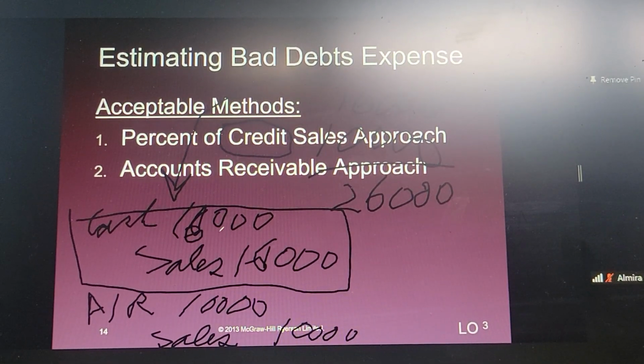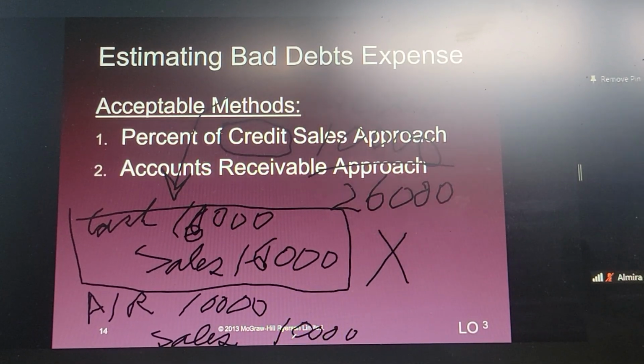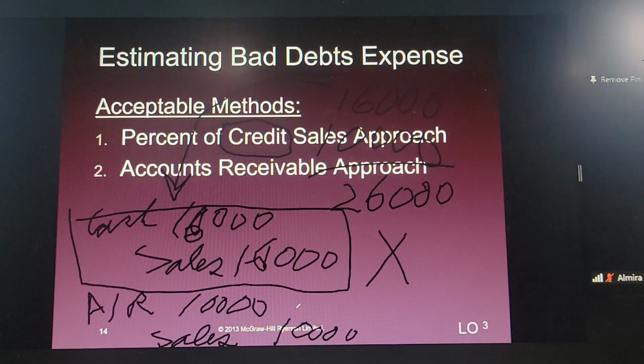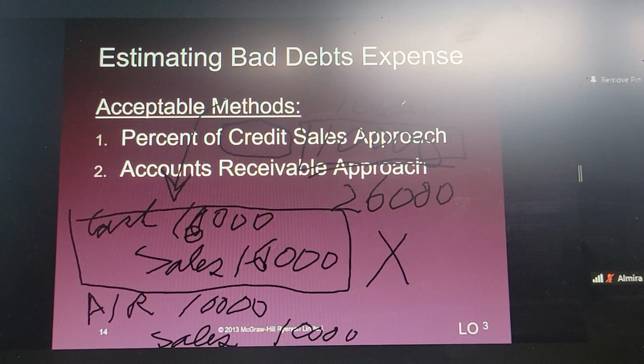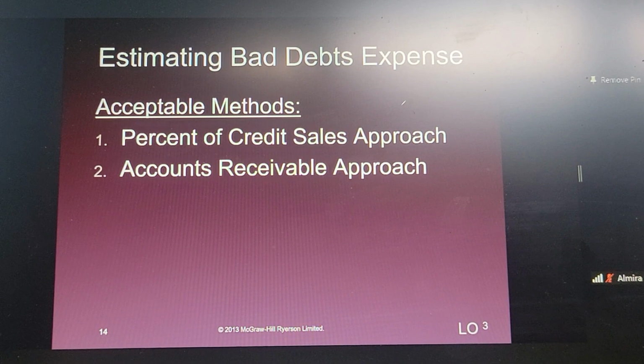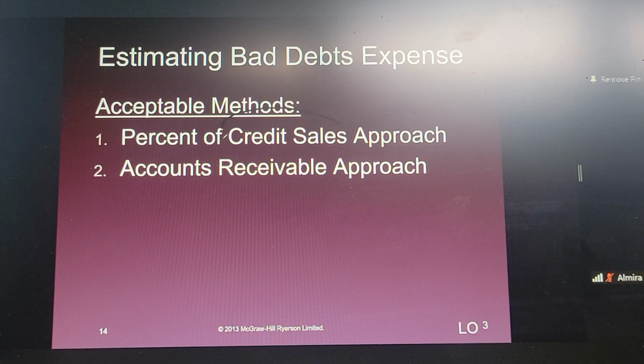Is there a risk that I would not get the 16,000? No, I already received it. Where is the risk from the 26? There is 10,000 risk that I would not be collected. Not all the sales, right? So usually we calculate the percentage from the credit sales only, not all sales.